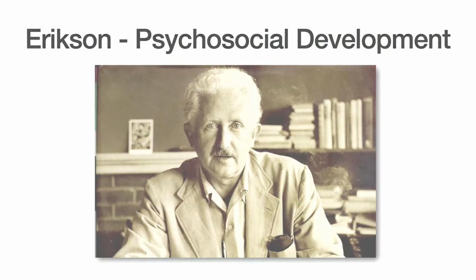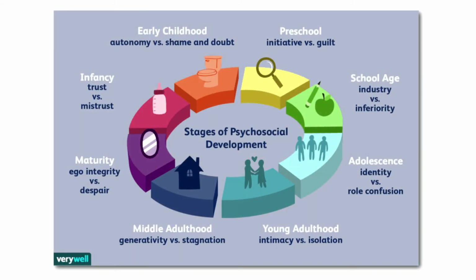So the graphic representation of this that you will see throughout this class is right here. These stages start here on the middle left hand. Look at infancy, trust versus mistrust. This is the first stage.